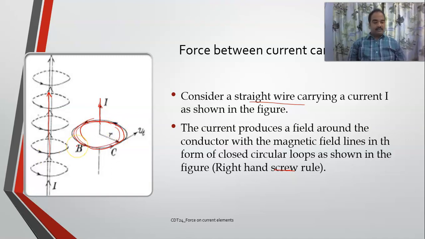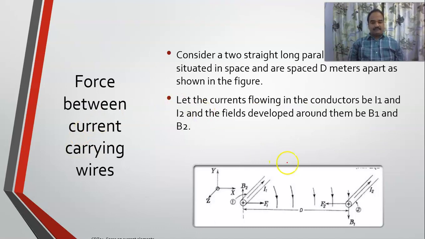Now I'll take two current carrying wires. This is one current carrying wire, this is another current carrying wire. This is carrying a current of I1, this is carrying a current of I2. I'll assume that both are in this direction. Say this is my x direction, this is my y direction, this is my z direction. I'll assume that both currents are in the z direction.